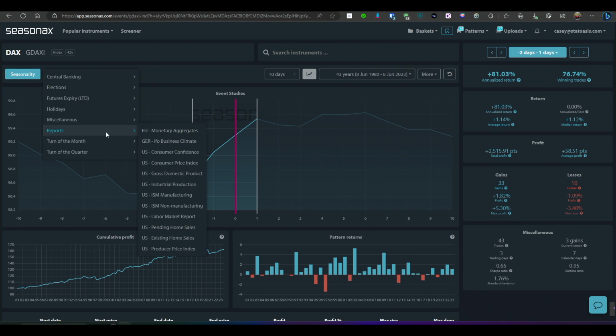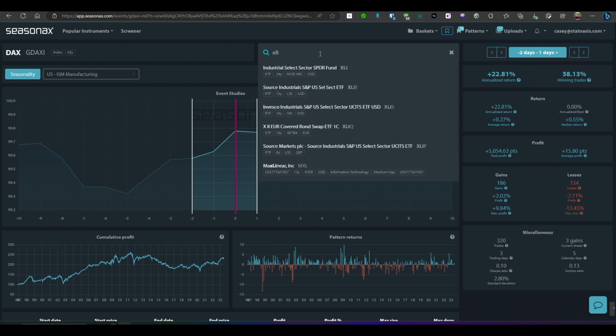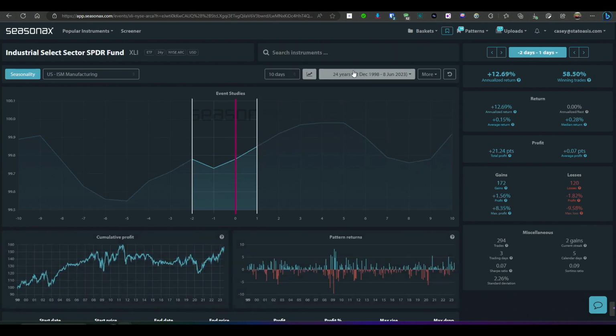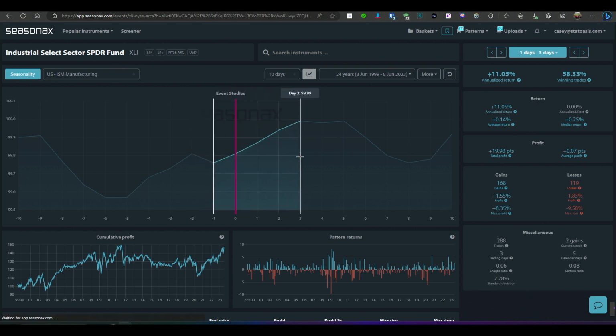And now I'm going to try something different. This is reports. And if you go to ISM manufacturing, this is in the US. And since this is affecting manufacturing, I will pick here the XLI ETF, which is the industrial sector. And if we pick last 24 years, and we can see a pattern here from -1 to 3 or 4.